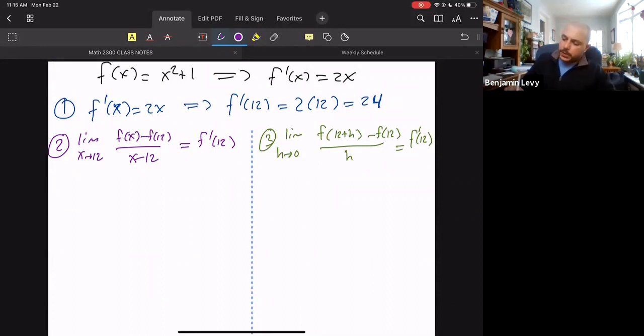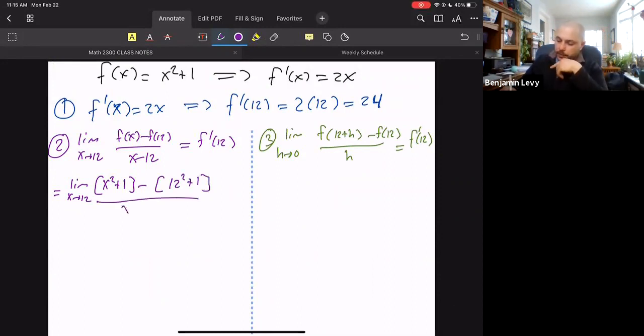All right, so let's write this down. f of x is just the function, so the function here is x squared plus 1. f of 12 is plugging 12 into that function, so that would be 12 squared plus 1. And then we just have x minus 12 on the bottom. So here's my f of x, and here's my f of 12.